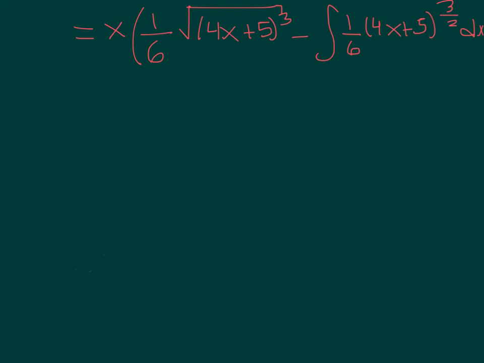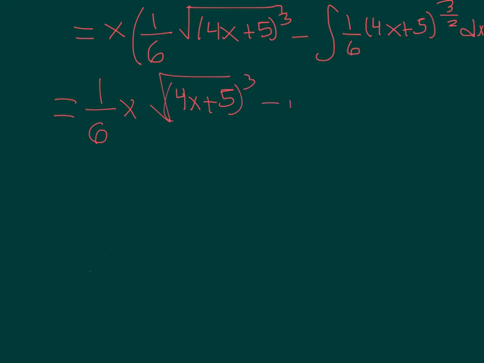I have copied the formula of u times v minus the integral of v times du. This is, let's do the product. This is 1/6 of x times the square root of 4x plus 5 cubed.